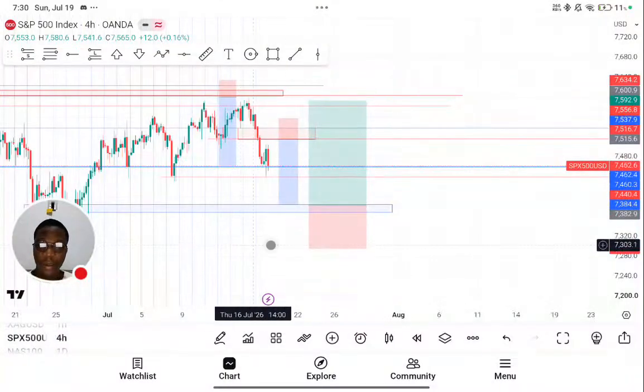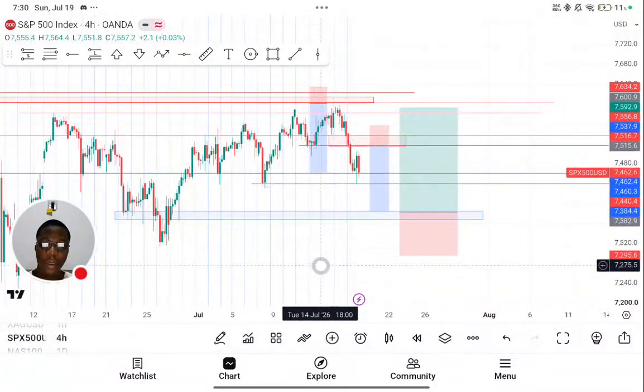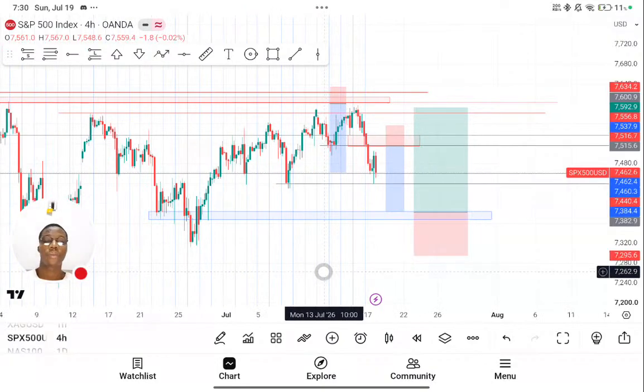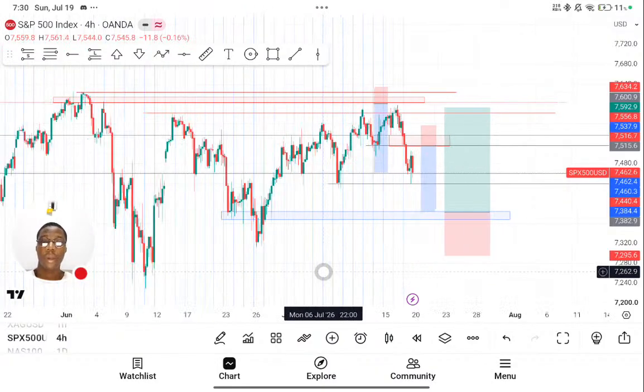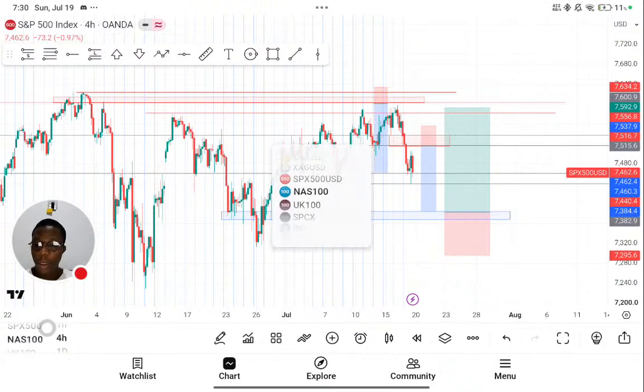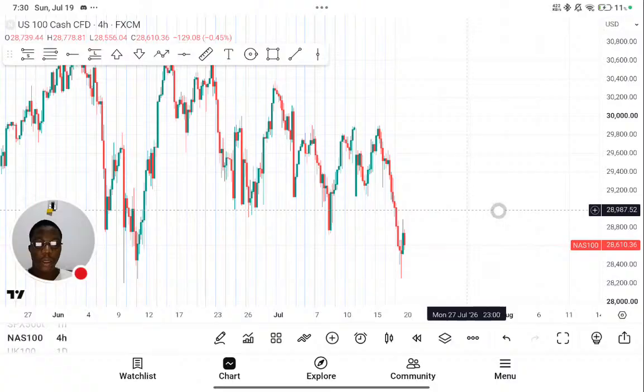Otherwise, yeah. So looking for stuff like this to happen. On the S&P, it moves in similar fashion with Nasdaq.